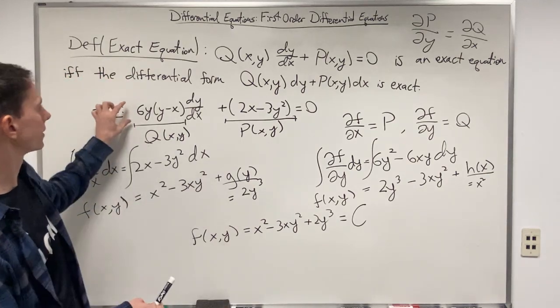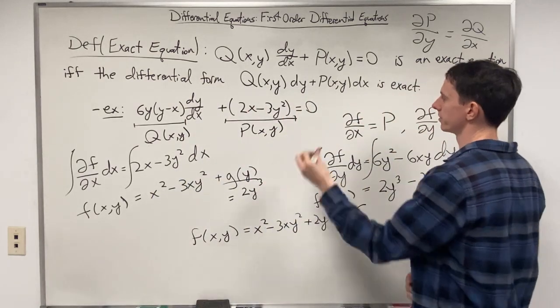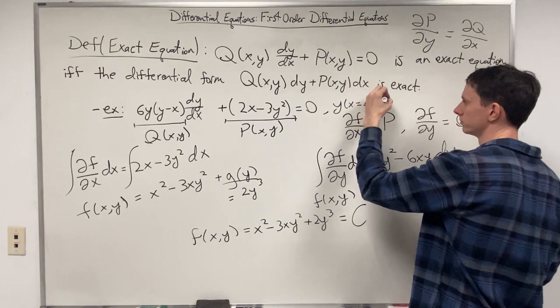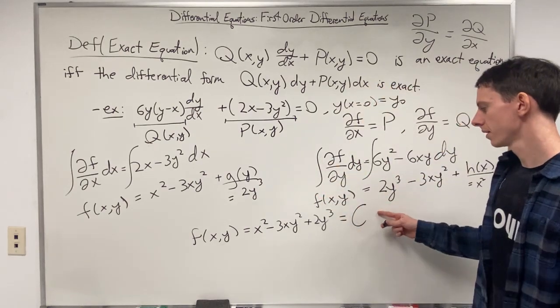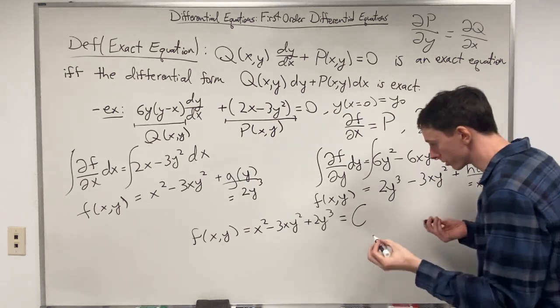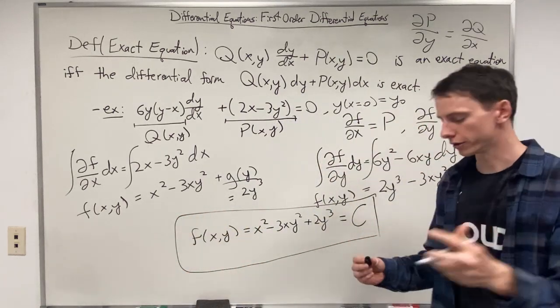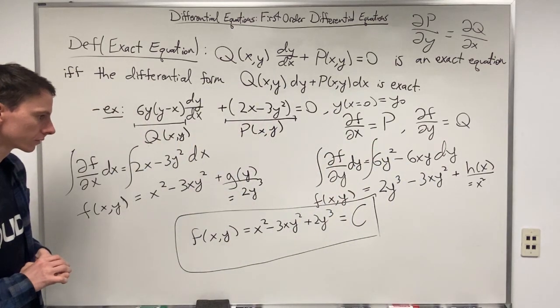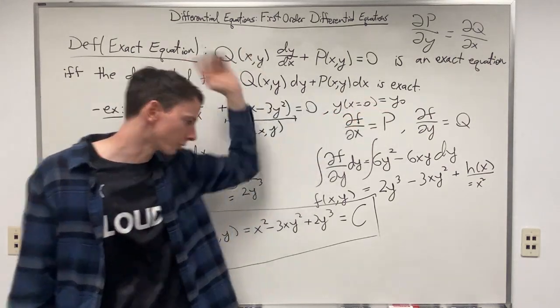So if we were provided this specific differential equation, and we were also provided that y evaluated at x equals 0 is some y naught, then we could solve for what c is. But at this point, we're done, assuming that you solve for c, right? Let's see. We can actually solve for c.